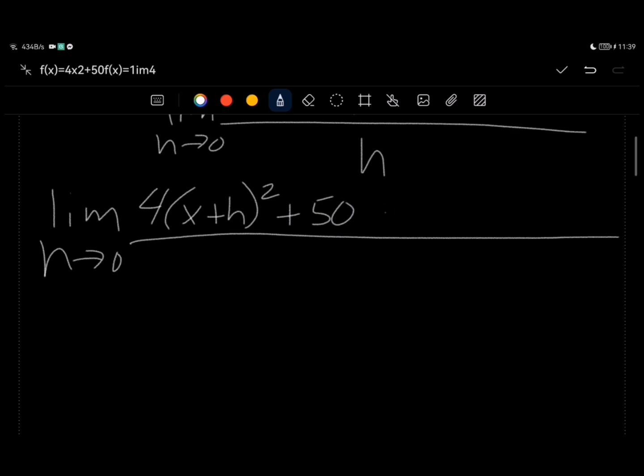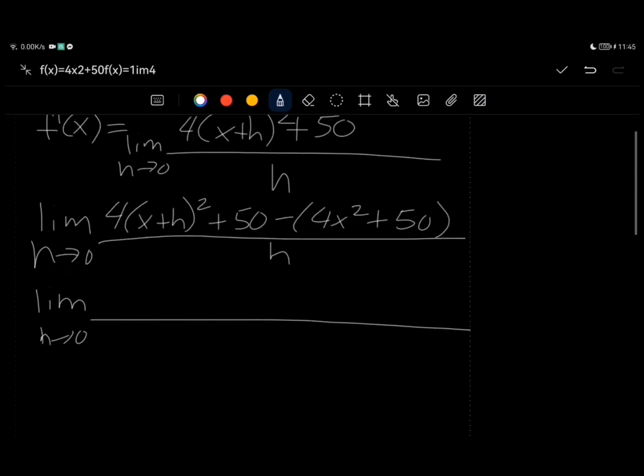Subtract it to the given, 4x squared plus 50, divided by h.